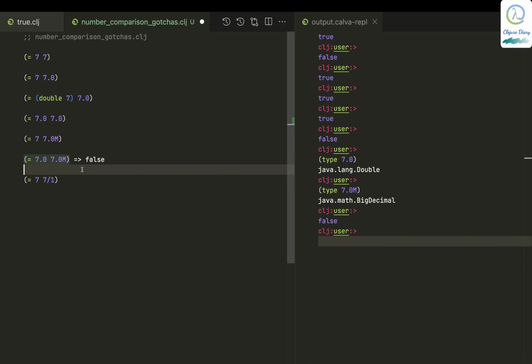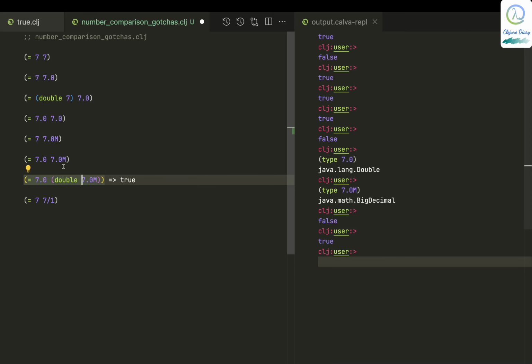So one way to do it is to convert at least one thing to double. Does it even work? Yeah.